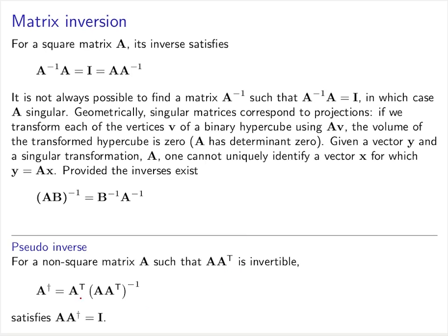And this pseudo-inverse is defined like that. Why is it called pseudo-inverse? If you multiply A by the pseudo-inverse, you get the identity. This is an important formula that we need later on in linear regression.